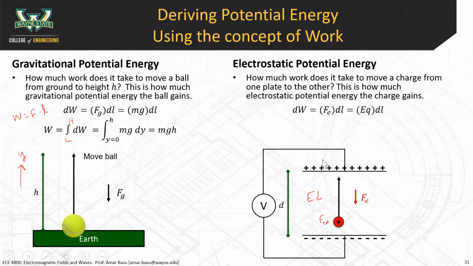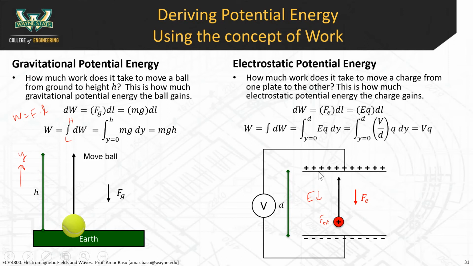All right, and so again you have this equation dW is equal to F times dl, force times differential length. You're moving this against this electric force. The electric force, as we know, is equal to E times Q, and that is multiplied by dl. We do the integration again, same as we did in this case. We're going to integrate it from y equals 0 to d.